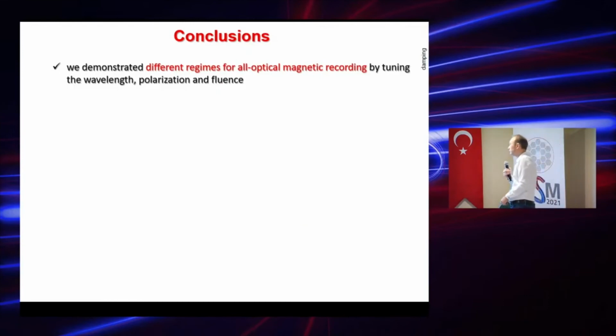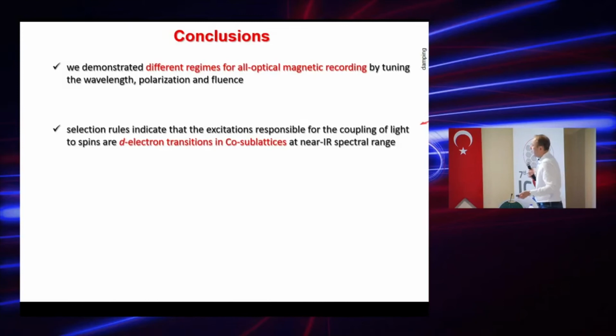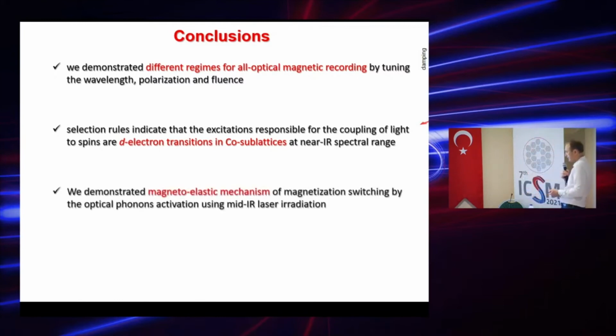We demonstrate different regimes of all-optical magnetic recording by tuning the wavelength in a large spectral range with polarization lines, and we demonstrate the mechanism of excitation of d-d transition, electron transition in the cobalt sublattice.